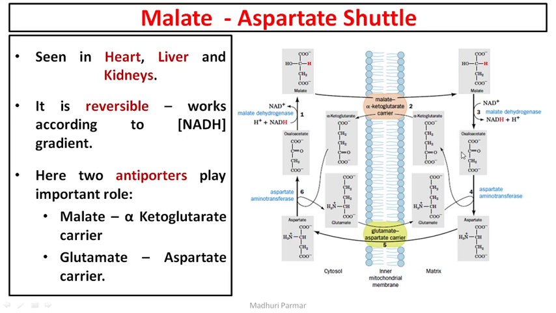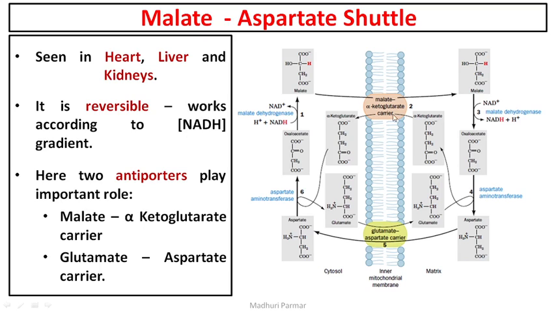See the shuttle. We will begin with, let us say, here. Outside, you have this oxaloacetate in the cytosol. This membrane here is showing the inner mitochondrial membrane. Now, you must be wondering why across the inner mitochondrial membrane there is cytosol and matrix. Remember, I told you that the mitochondrial outer membrane is permeable. It is open for every molecule to pass easily.